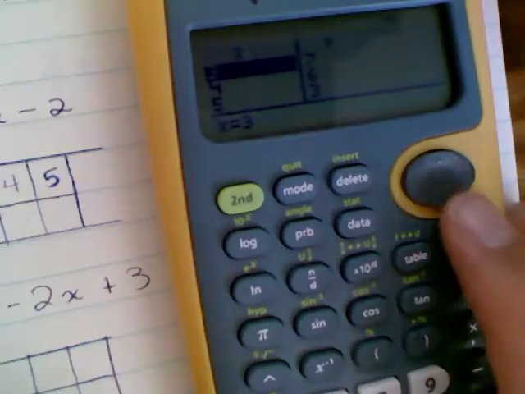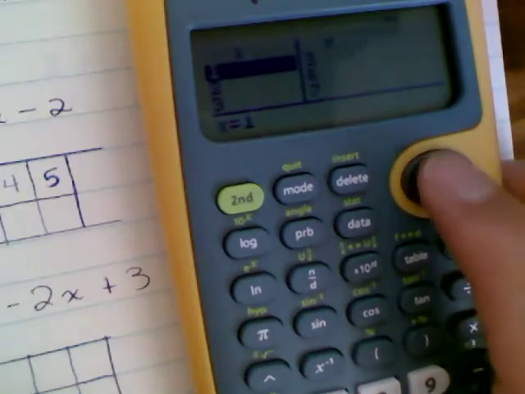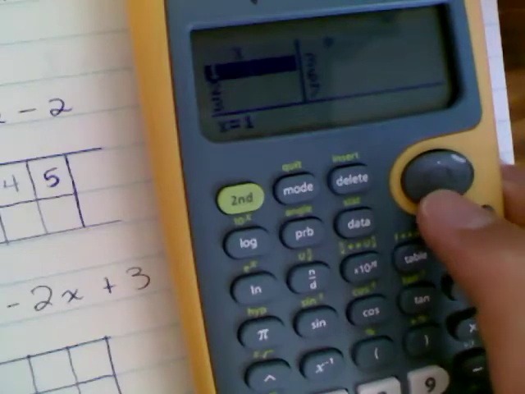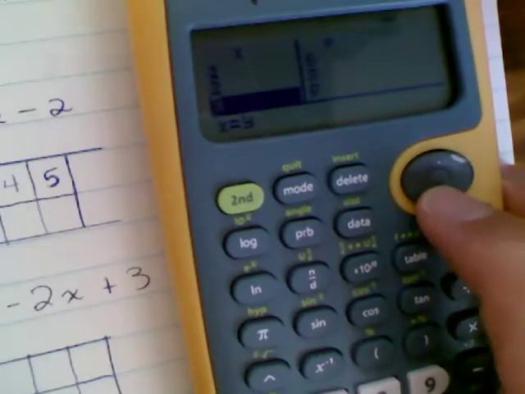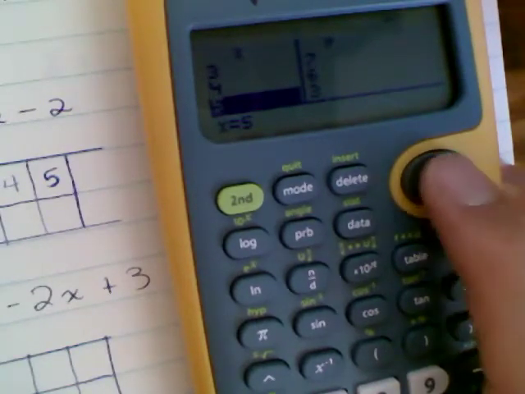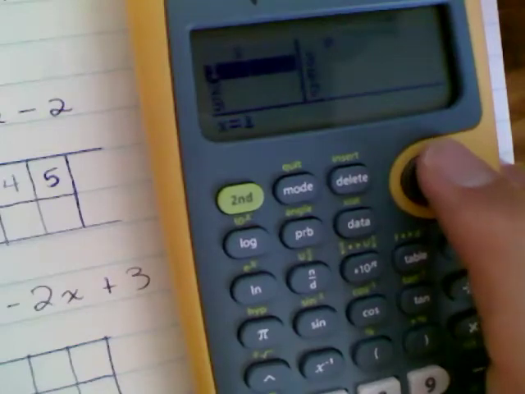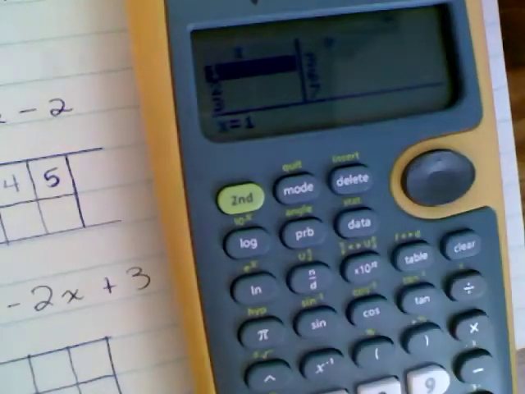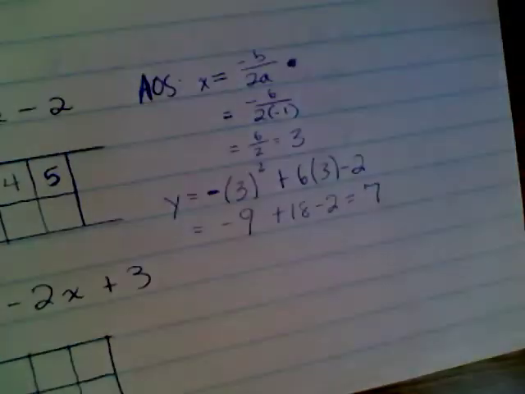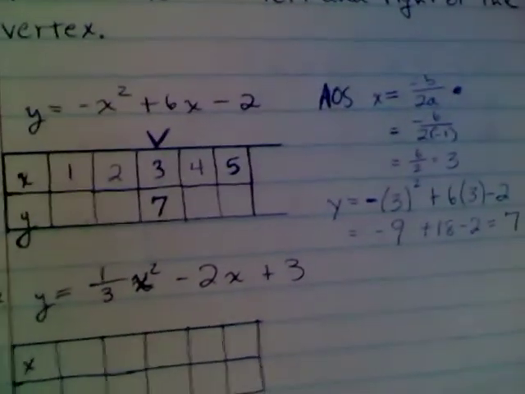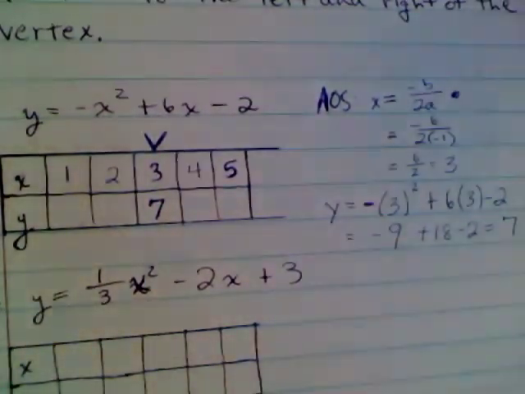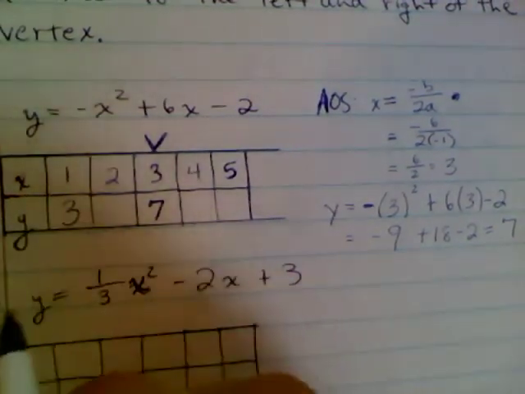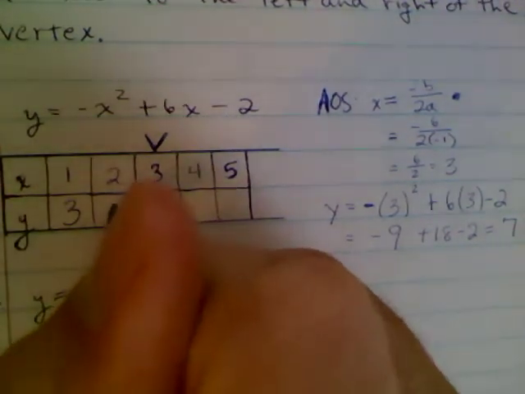And look there. It gives me a table. So if I substitute in a 1, I get 3, 2 gives 6, 3 gives 7, 4 gives 6, and 5 gives 3. So I'm going to go ahead and substitute those values in my table. I said 1, I get a 3, and 2, I get a 6.